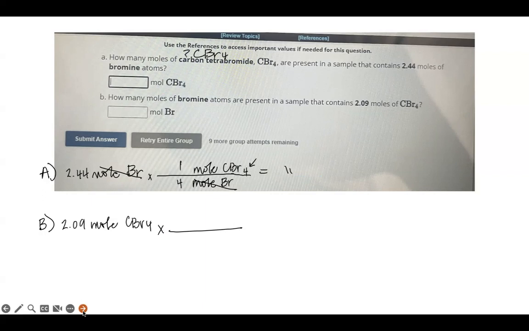So similar to the one above, I'm going to put moles CBr4 on bottom because I want them to cancel, and moles of just bromine on top because that's what we're trying to get into. For every 1 mole of the entire compound, there's 4 moles of Br. So again, I will let you plug that into your calculator.